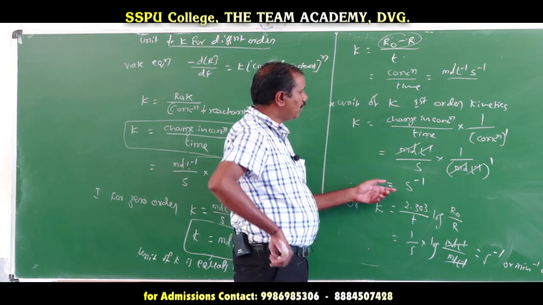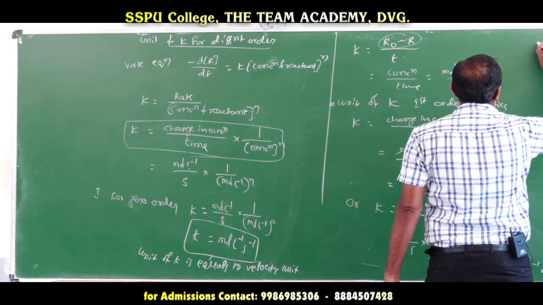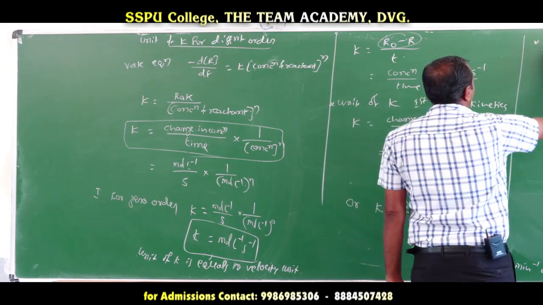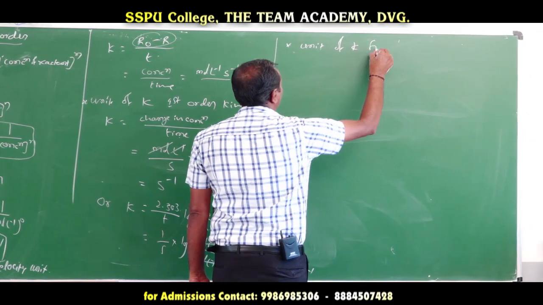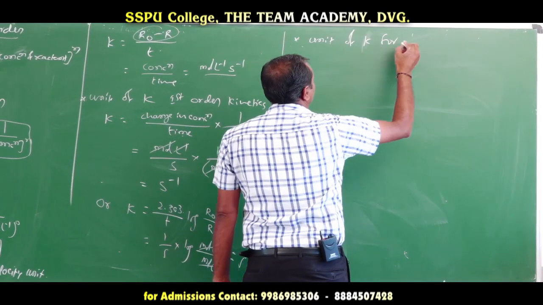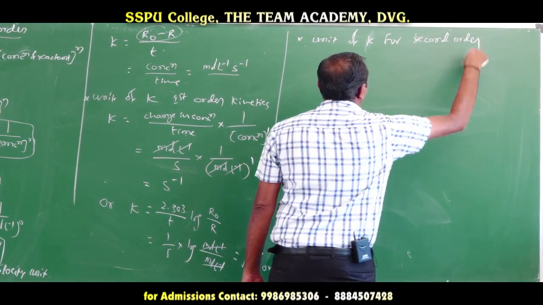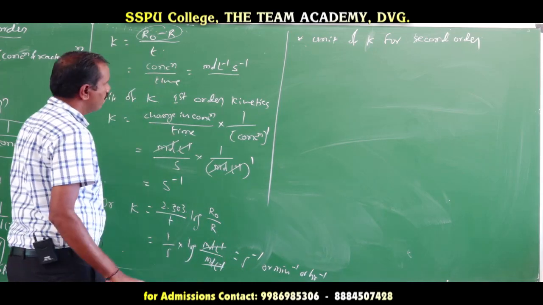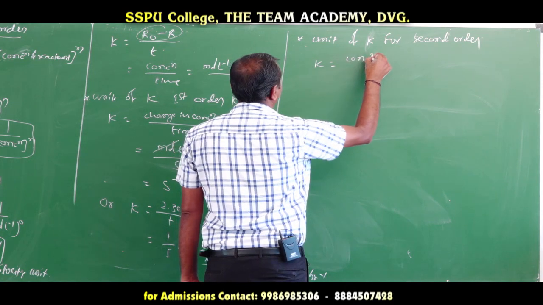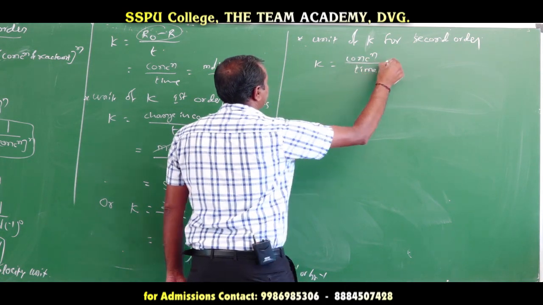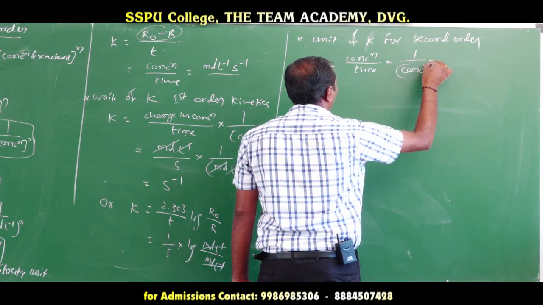For first order, the value becomes per second. Like that, for second order, the unit of K for second order: K equals change in concentration by time into 1 by concentration to the power of 2.